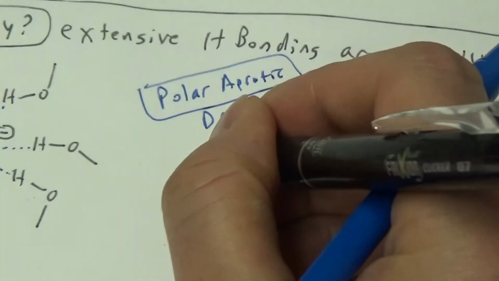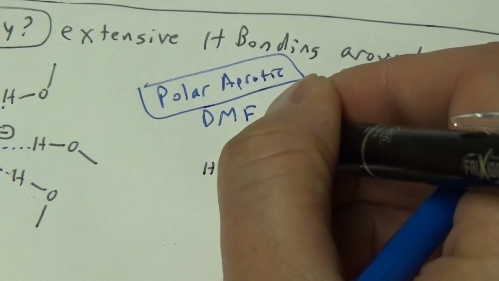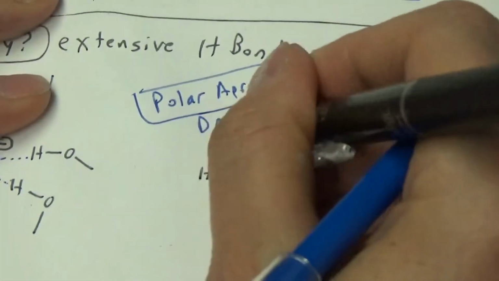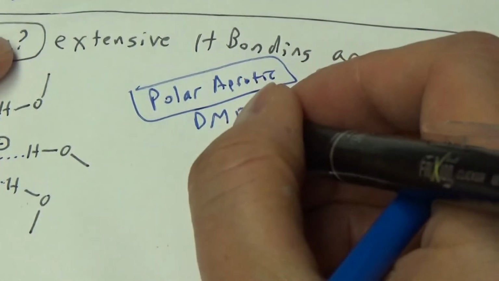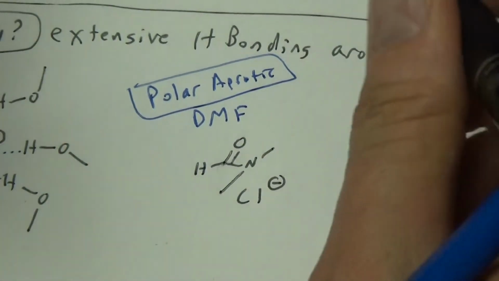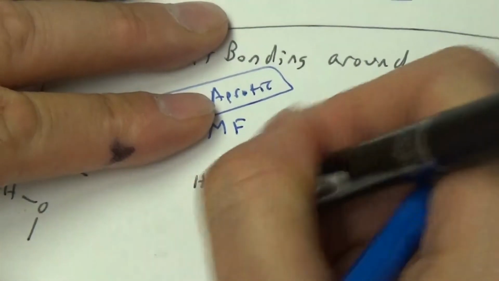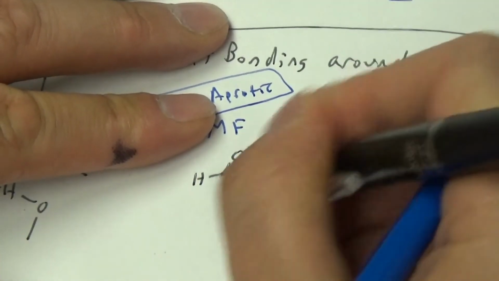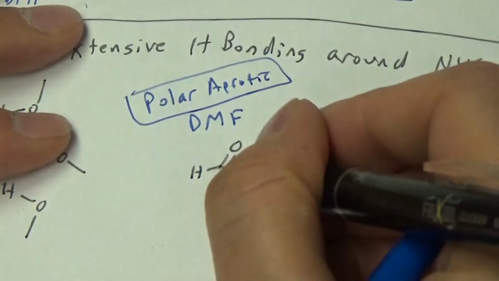So there's a little bit, very little, interaction. Let's draw that a little nicer. We have DMF, dimethylformamide, right?